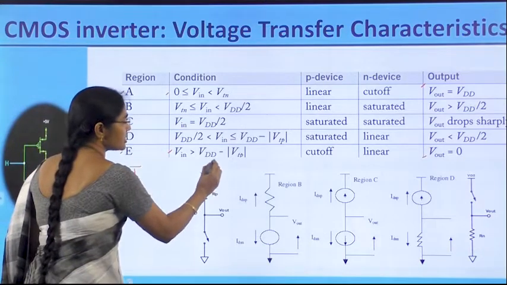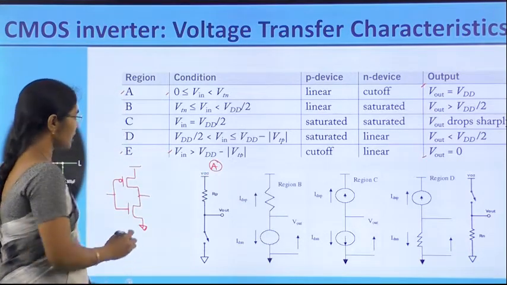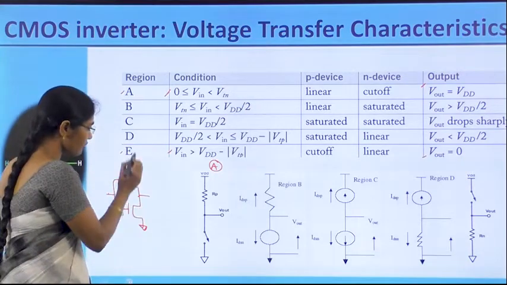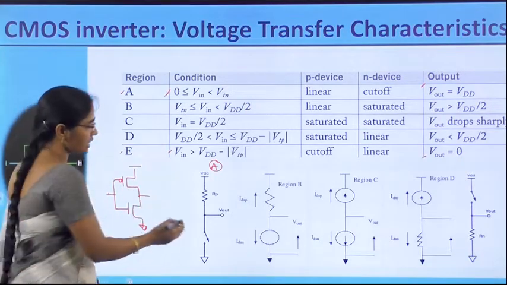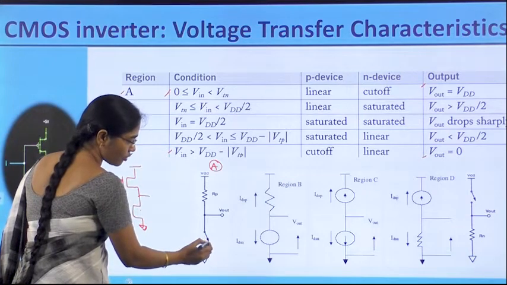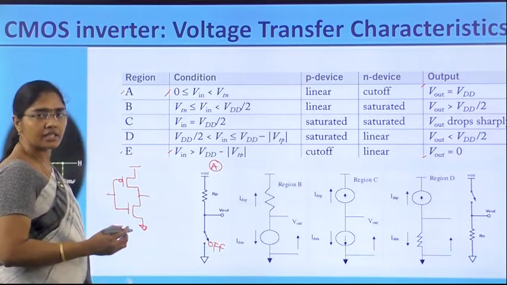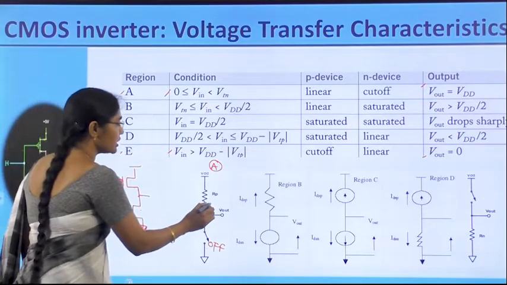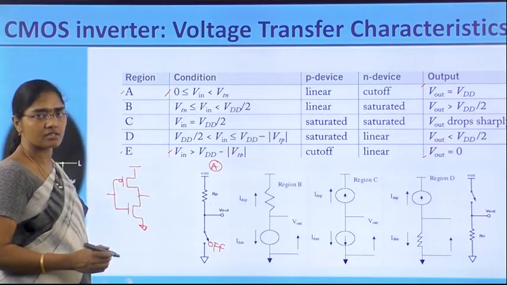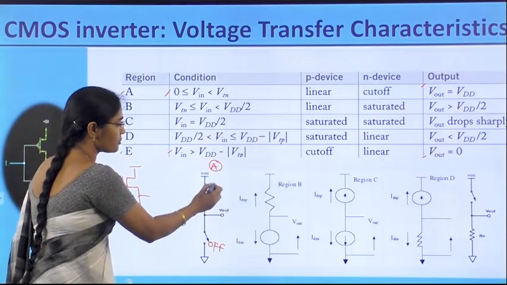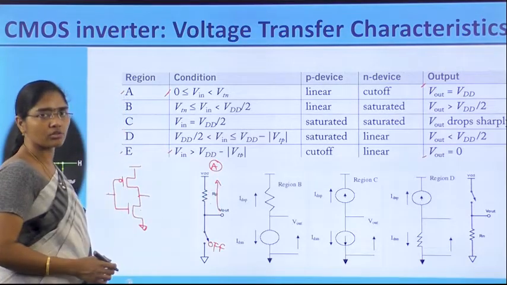The first is region A, where the input value is 0 to VTN, and NMOS is off. NMOS is off means NMOS is in cutoff, so it is open. Then PMOS is in the linear, that is non-saturation mode, therefore it is represented as a resistance RP. It is the equivalent circuit, therefore the output is equal to VDD only.